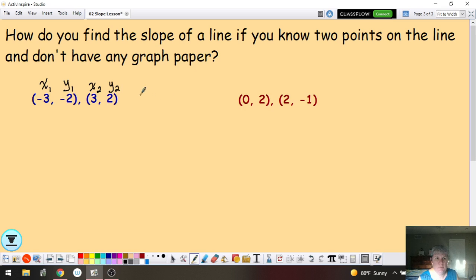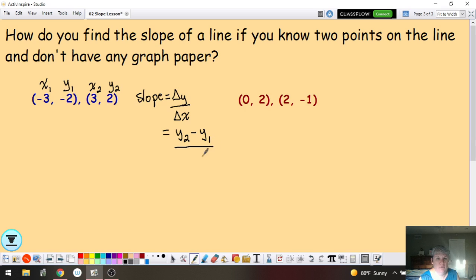I'm also going to remind myself that slope is the change in y over the change in x. That's the change in my rise over the change in my run. Well, we talked about in the table that to find that change in y, I could take the second y value, so y2, and subtract the first y value, y1.